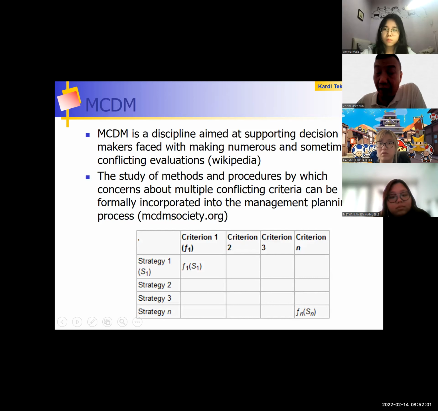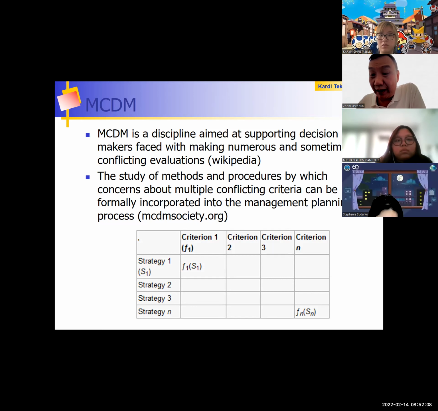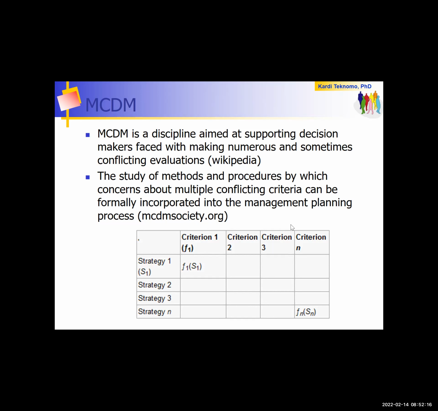The next component of big data analysis is MCDM. What is that? Multi-criteria decision making. The simplest MCDM that I can show is something like this table. You have strategy 1 up to n, and for each strategy you define certain criteria, criterion 1 to n.